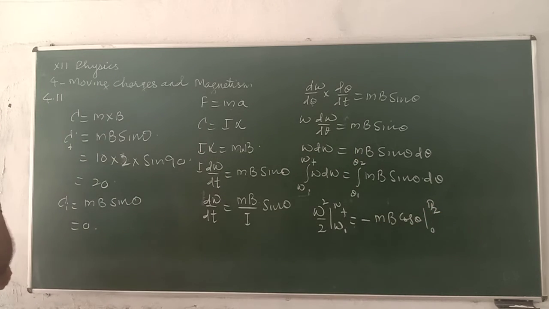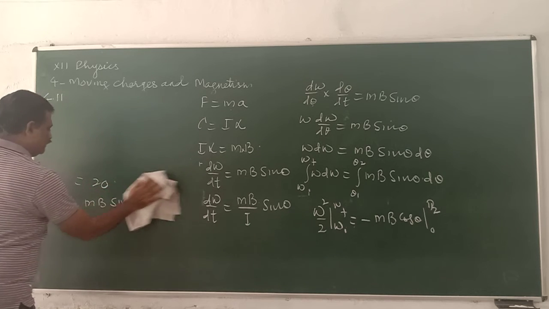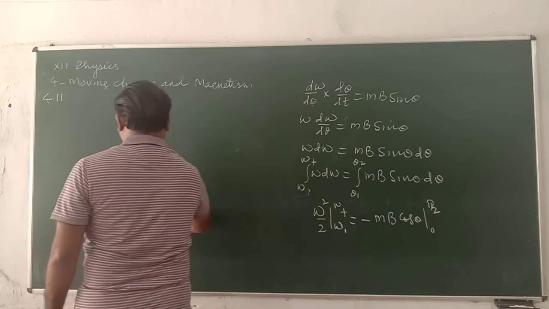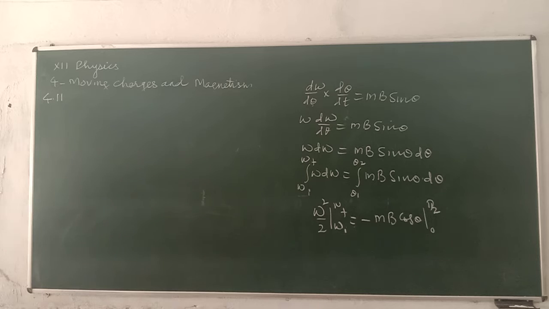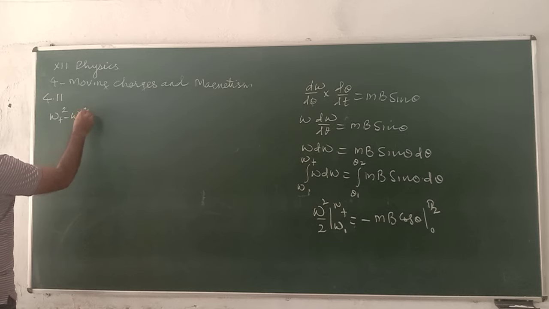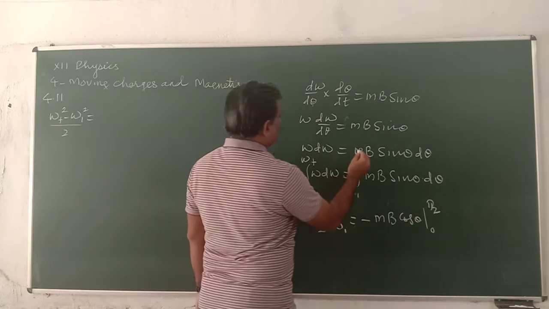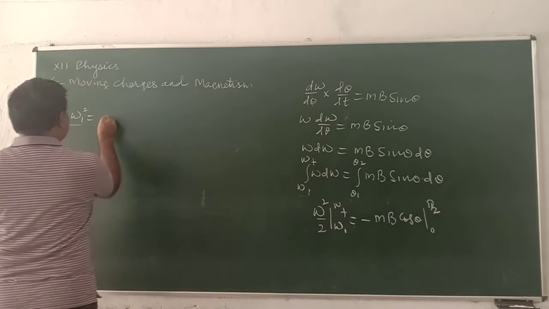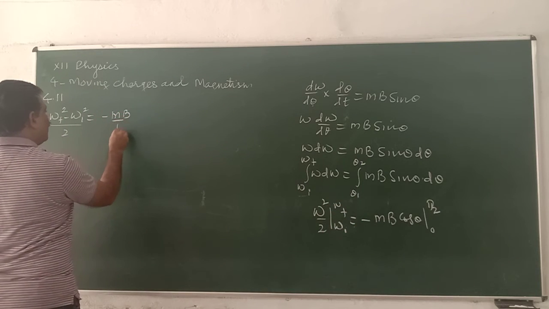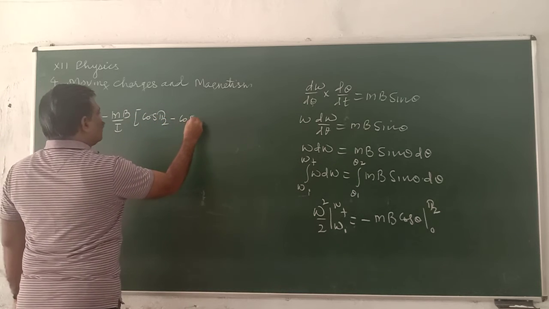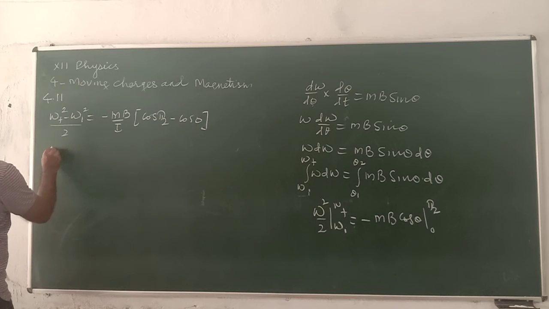We got this equation. So this is equal to omega final square minus omega initial square divided by 2, which is minus MB divided by I, cos pi by 2 minus cos 0.